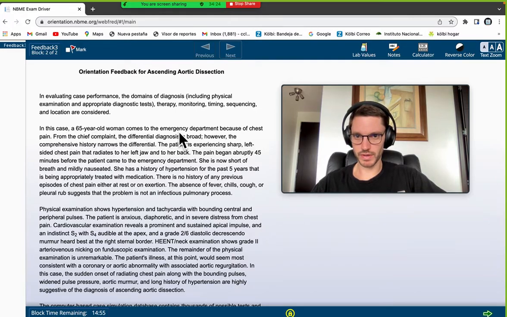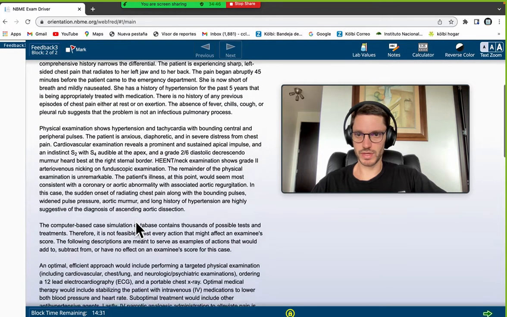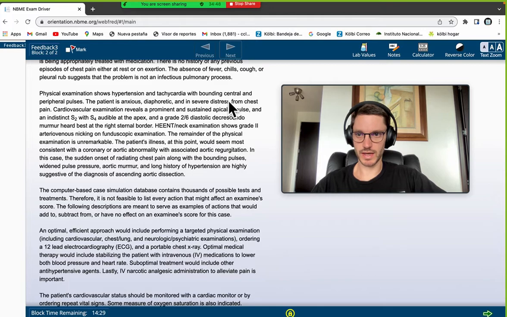A 65-year-old, yeah. So, sharp, left-sided chest pain radiates to her left jaw or back. Began abruptly 45 minutes before coming to the ED. Okay, she also has hypertension, no history of previous episodes. Physical exam shows the hypertension, tachycardia, anxious, diaphoretic, severe pain, the indistinct S2.